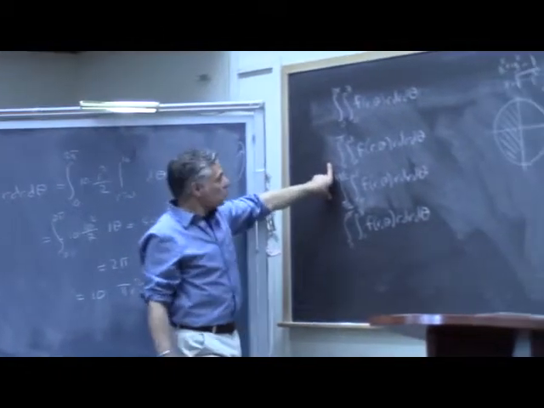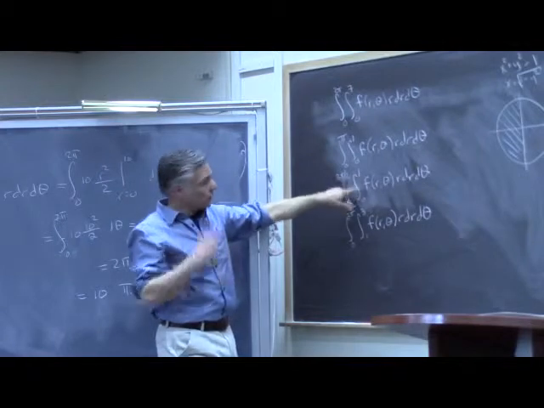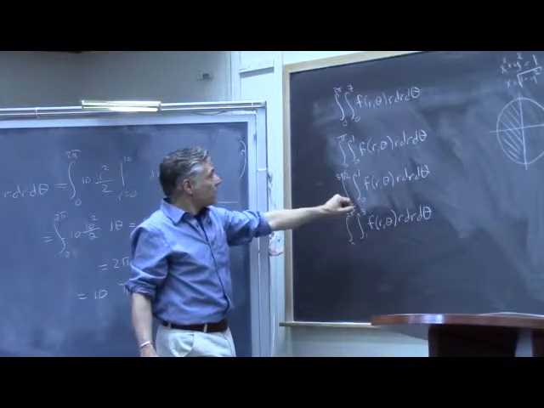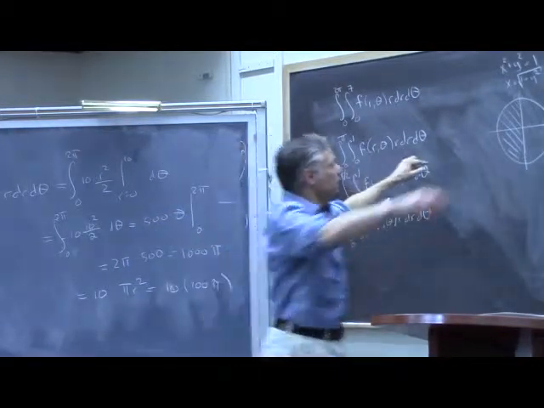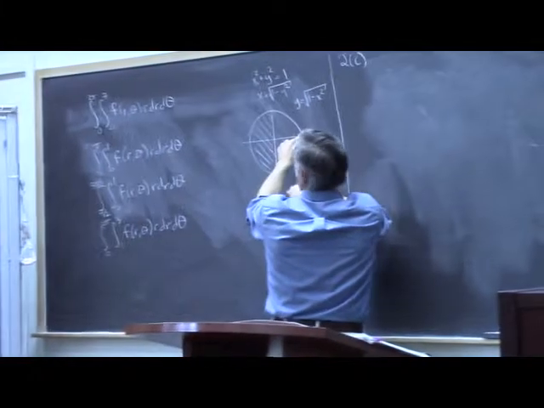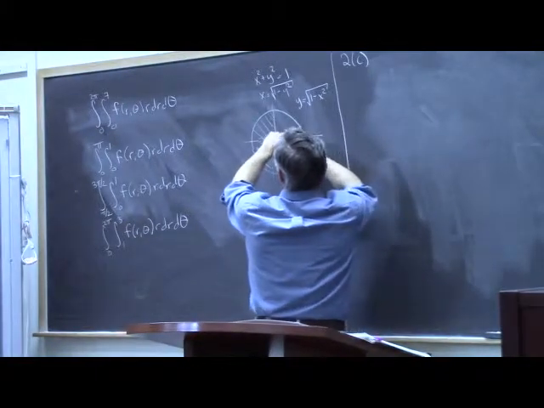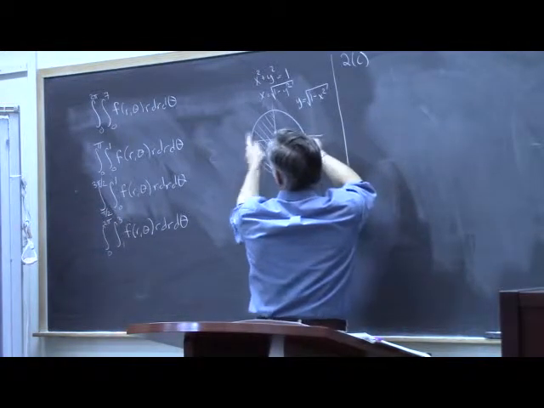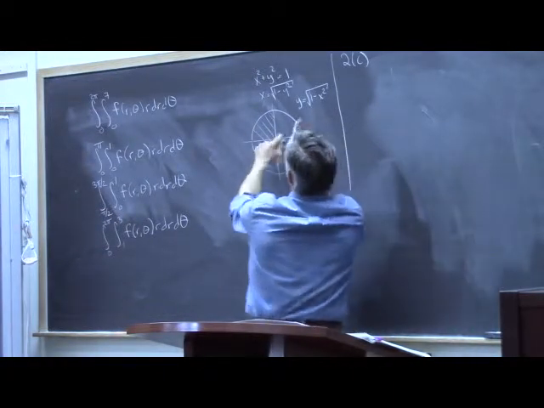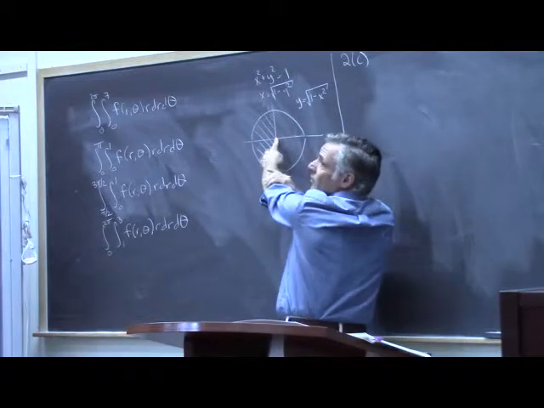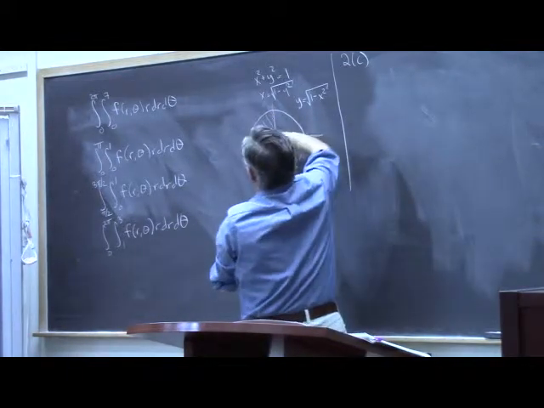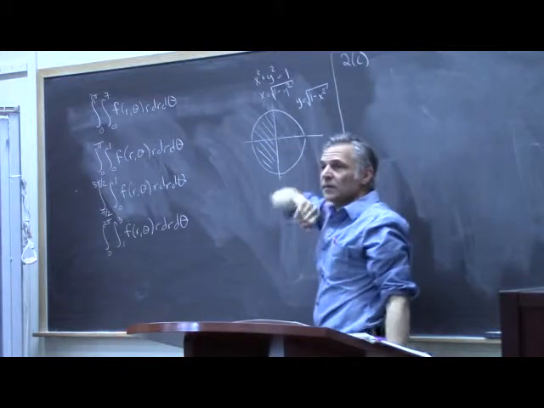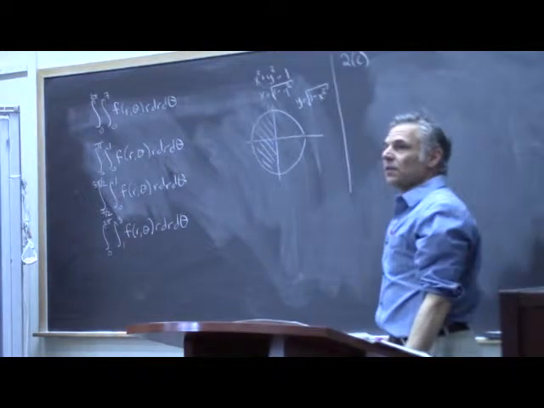The next two are for the unit circle, so the radius is just 1. We're going from 0 to 1. If I want the top half, I'm going to start at theta equals 0 and go around to theta equals pi. If I want the left half, which is what I've shaded here, I'm going to start here, 90 degrees, which is pi over 2, down to 3 pi over 2. What if you wanted the right half?